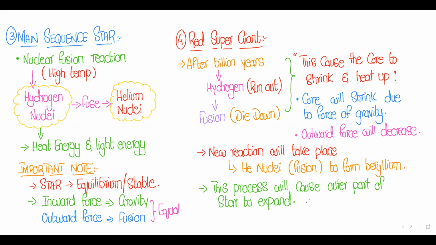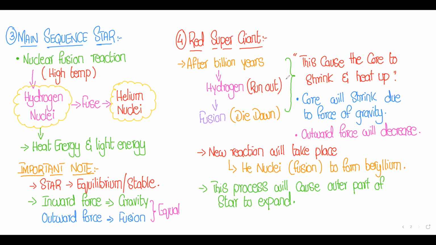So this process will help the star to expand, and the star will expand to a size much larger than the sun, or we can say that it will be like a red giant. That's why we call it red supergiant, because red supergiant means a massive size. We know that the size of the sun is greater in our solar system as compared to the other planets. So all other stars will work like the same sun, if this happens with each star when it is out of its stable state after billions of years. So that's why we call it red supergiant, right?